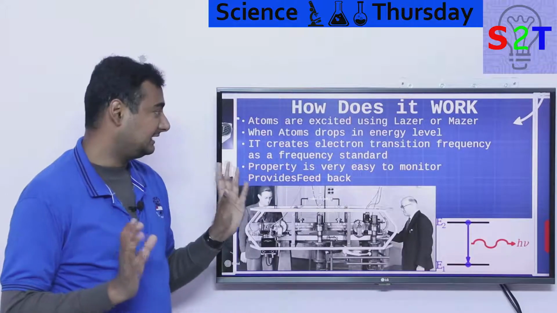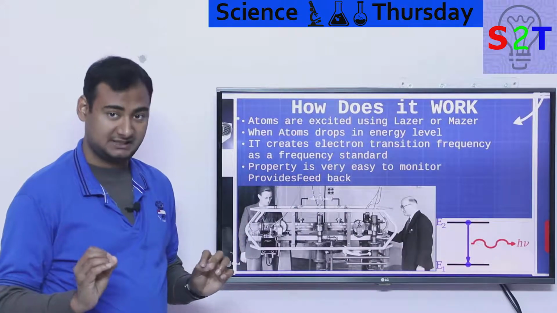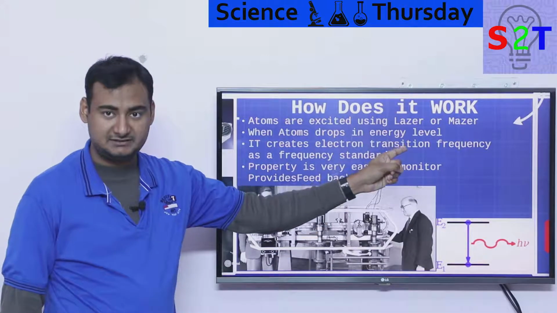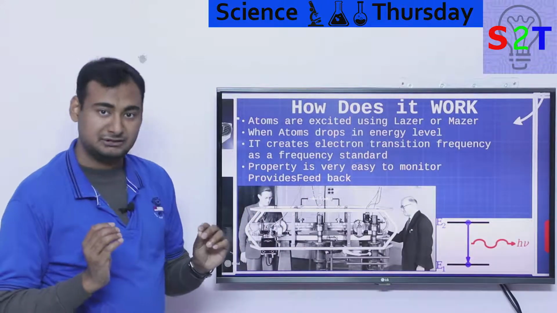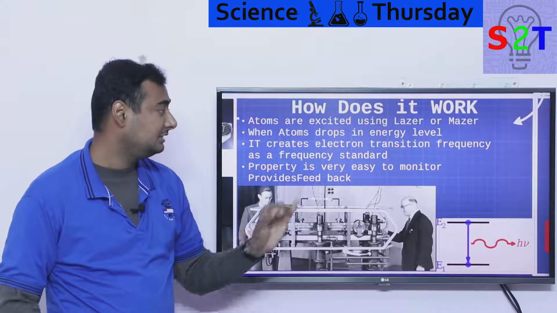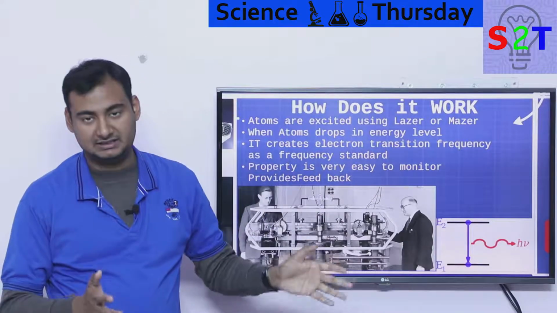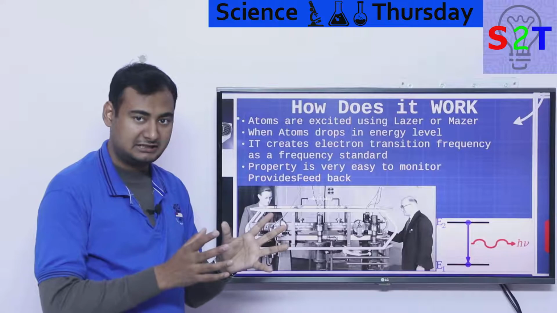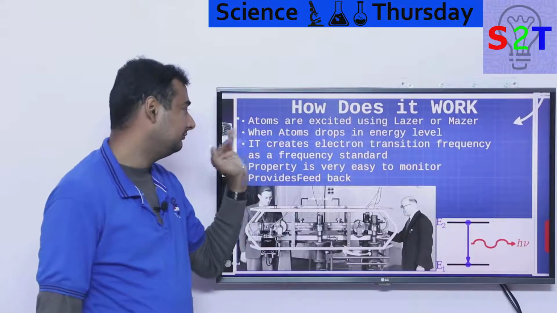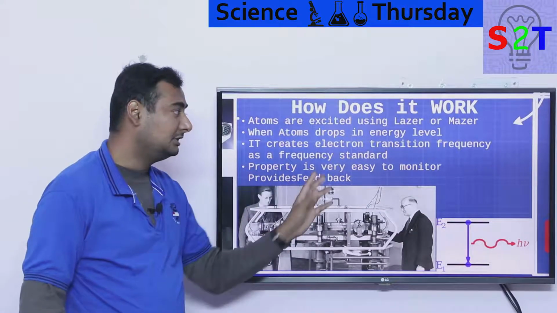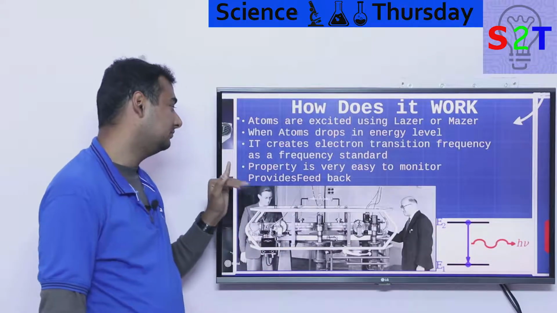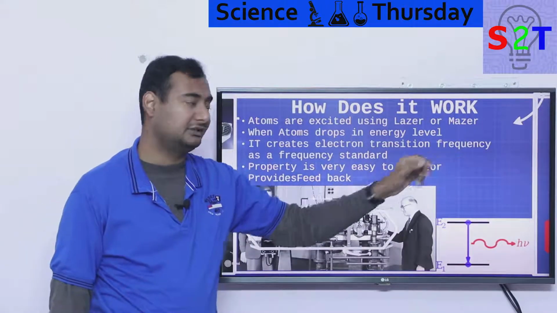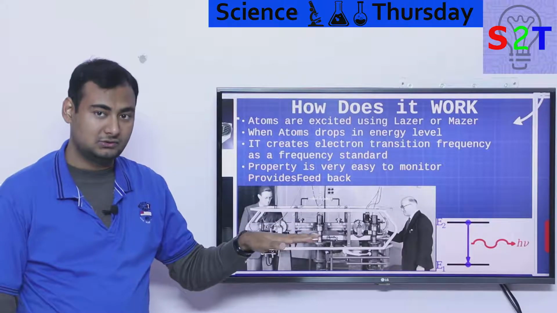So we excite atoms, and we excite them very precisely. How do we do that? We either use a laser, which, if you are familiar with lasers, has one frequency output, or a maser, which is basically a laser but using microwave. Then we excite the atoms using the maser or laser, then we let the atoms cool down, calm down. Once the atom calms down, it does what we call an electron transition frequency, basically high energy state to low energy state.